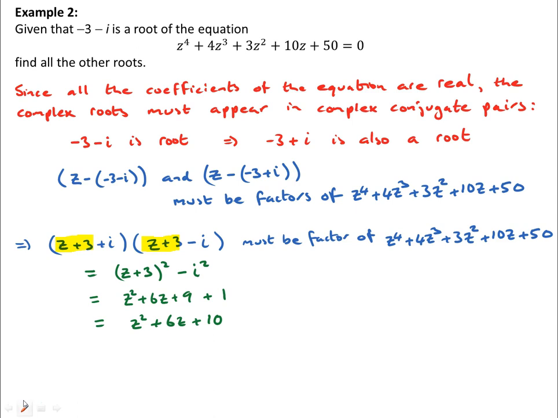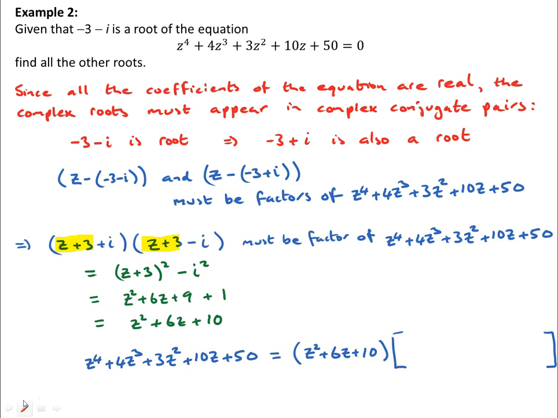So z squared plus 6z plus 10 must be a factor of z to the 4 plus 4z cubed plus 3z squared plus 10z plus 50. So let's see whether we can finish the factorisation off.